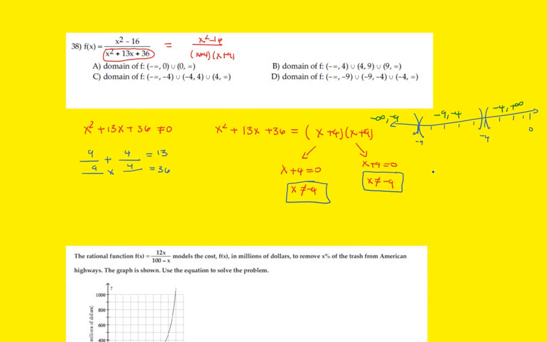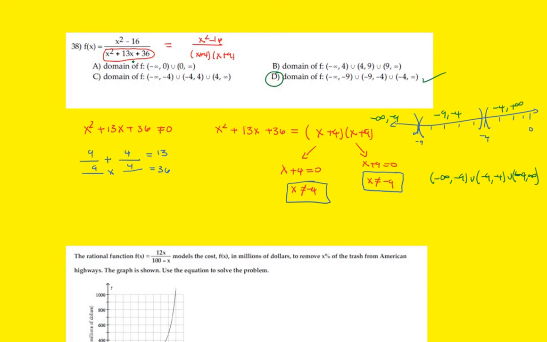So the interval will be from -infinity to -9, union -9 to -4, union -4 to plus infinity. So that has to be, it's actually D. Yeah, D.